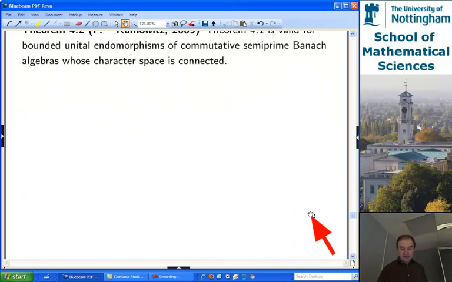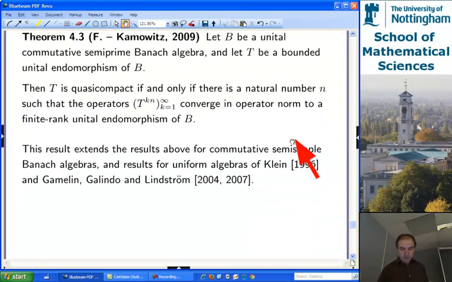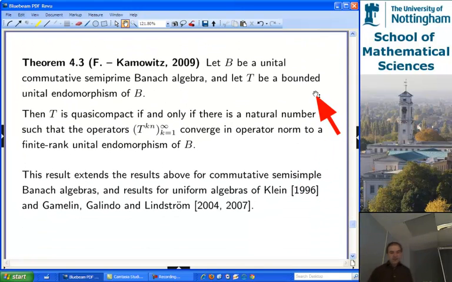If the character space isn't connected, then here's what you do. You use a standard decomposition into idempotents trick that I'm not going to have time to tell you, unless you want to see it. And then again, you get the finitely many attracting fixed cycles that Klein got in his big thesis, which is reflected when you look at the operator by saying some power of the operator has powers that converge.